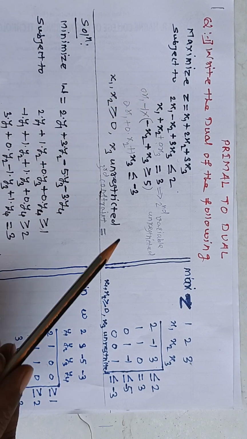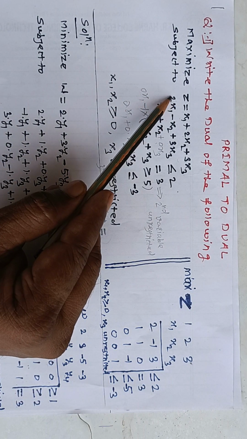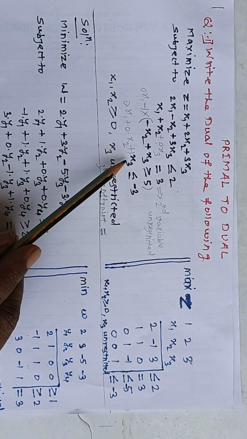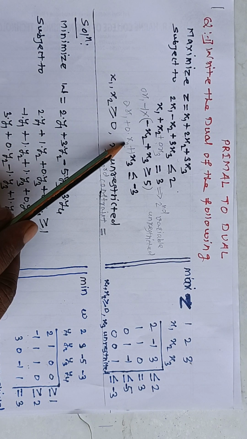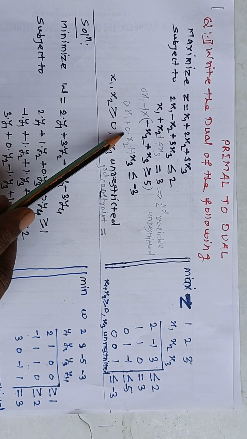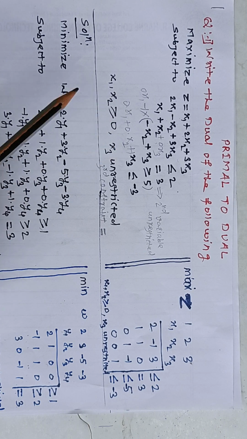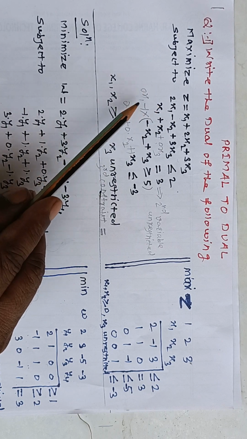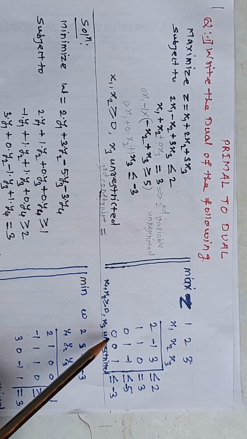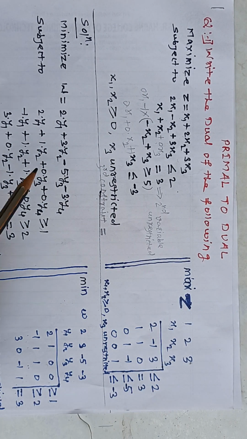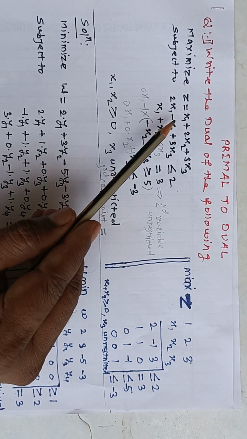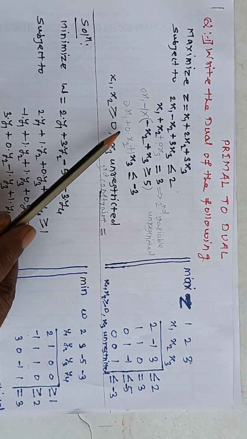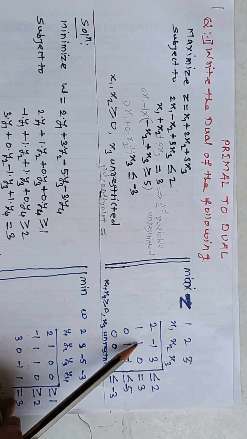So 2, 1, 0, and there is one more constraint, the fourth constraint. Here x1 and x2 are not there, so you can assume 0x1 + 0x2. So 2, 1, 0, 0. Below x2, the coefficients of x2 from the constraints: -1, 1, -1, 0.